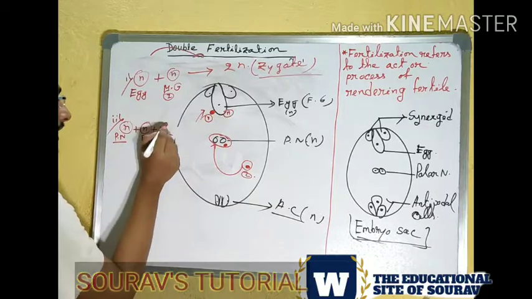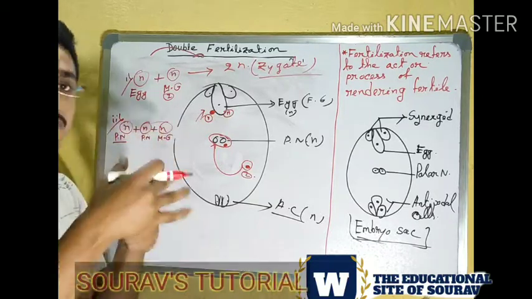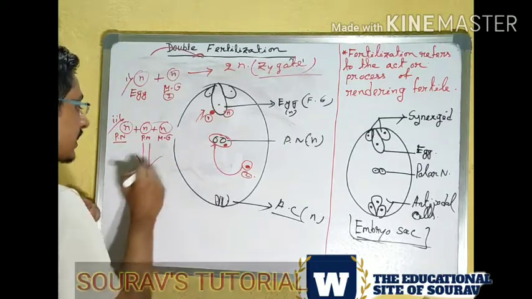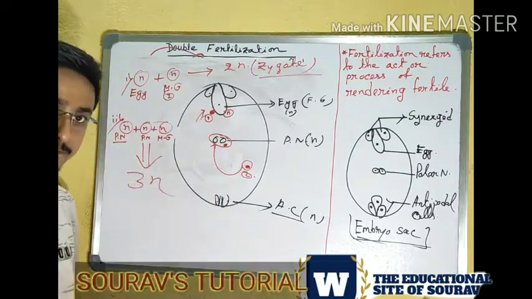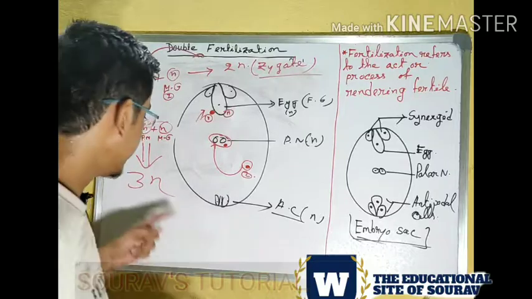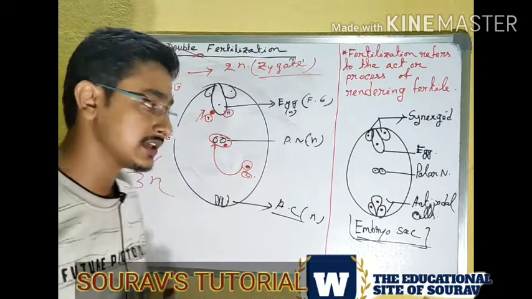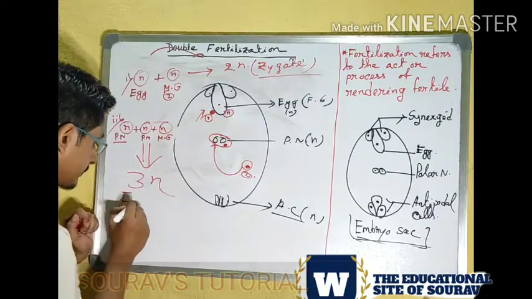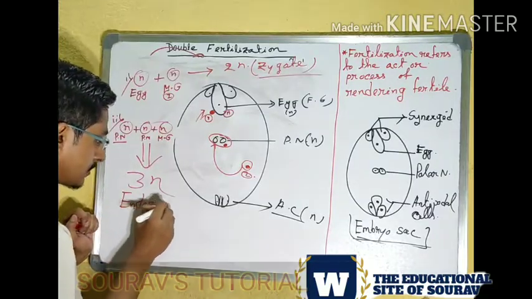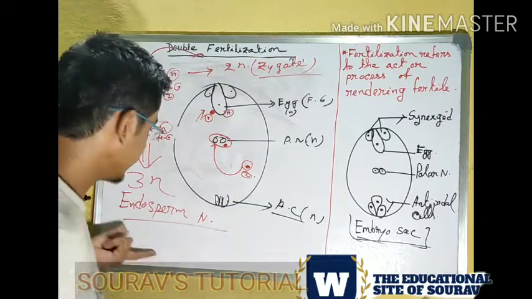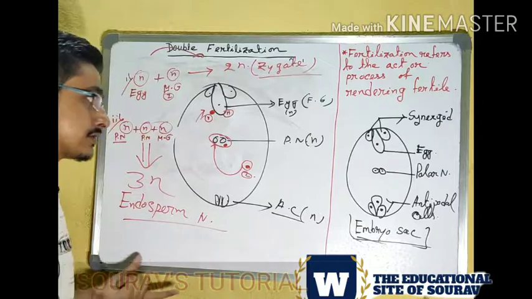So these will combine with each other, fuse with each other, and form the 3N, that is triploid. And this 3N nucleus is called the endosperm nucleus. So that is endosperm nucleus. From here the endosperm will be produced.